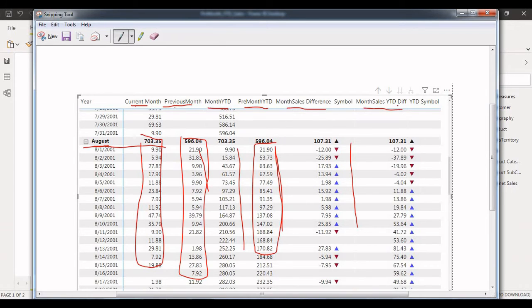So these two combinations. The month sales difference is the difference between the current month and previous month. When it comes to month sales YTD difference, it is the difference between the month YTD and previous month YTD. I hope you understand.